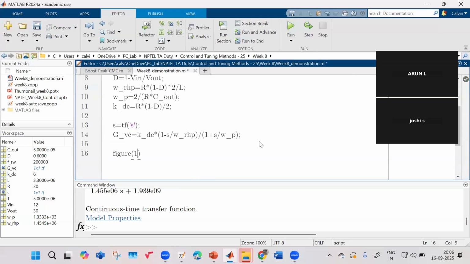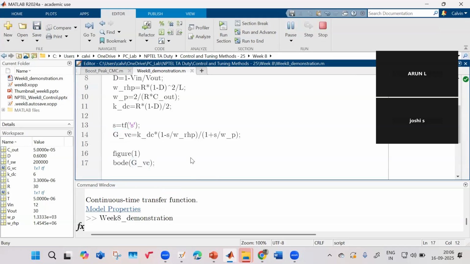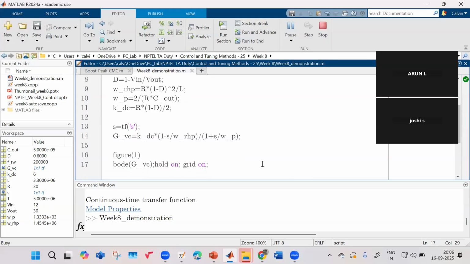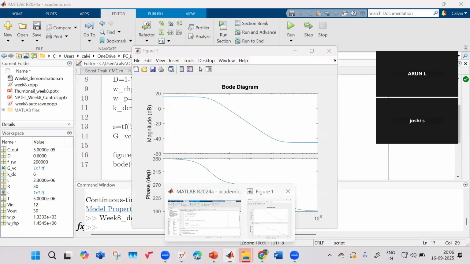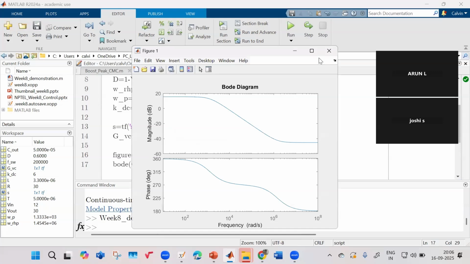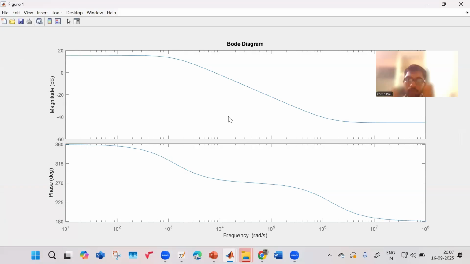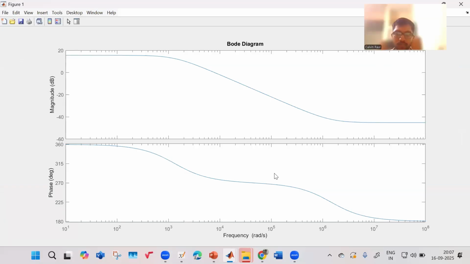Figure 1, bode of G underscore VC. Let us draw it. Let us run it. Actually, in the properties, the phase should start from 0.